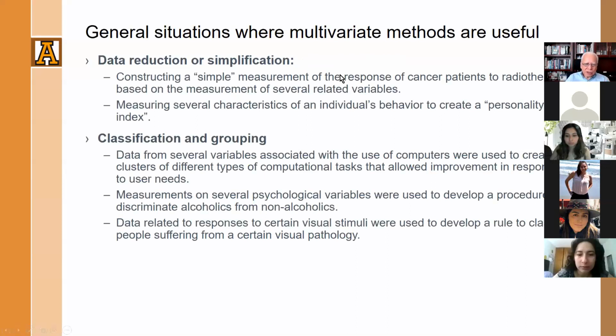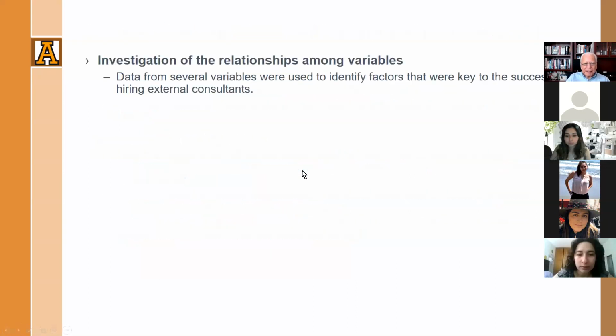So we've talked about data reduction or simplification, classification, and grouping, and now the investigation of the relationship among different variables. This is another example where data from several variables were used to identify factors that were key to the success of hiring external consultants.